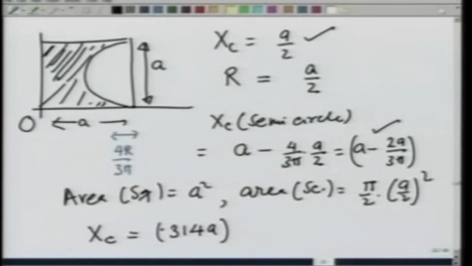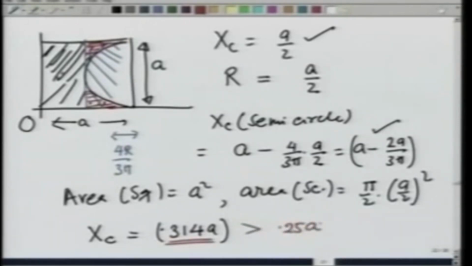Notice that if I had removed this half, let me make it with blue, if I had removed this half of the square, the xc would have been here at 0.25a, but because of this extra area which I am showing here to the right, the centroid shifts slightly to the right and is at 0.314a, which is greater than 0.25a.